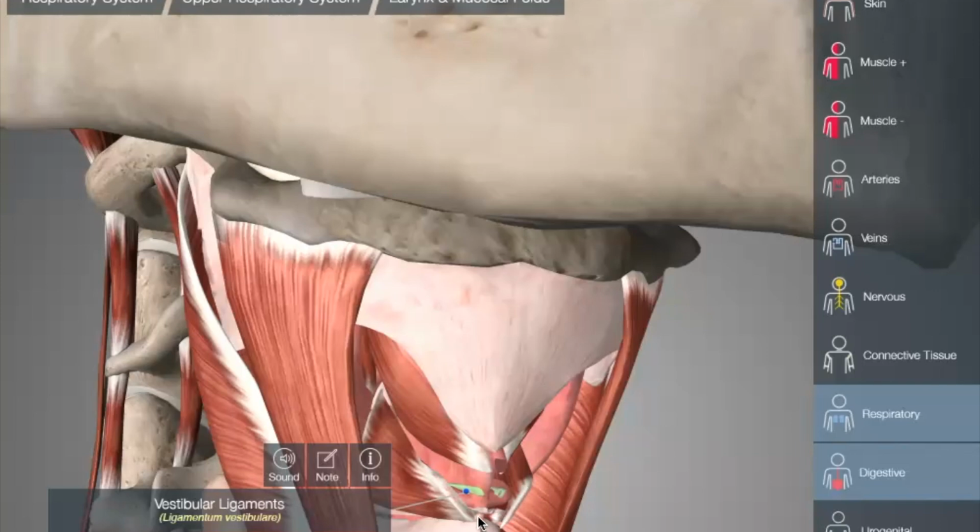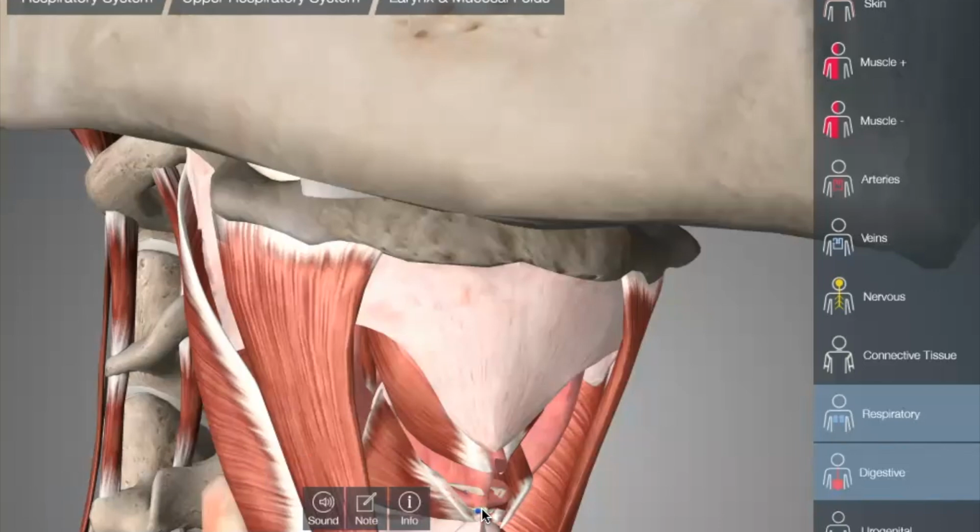You have to remember that the vocal fold, if you want histology, is made up of non-keratinized stratified squamous epithelium. It has vocal ligaments, and surrounding it is the vocalis muscle.